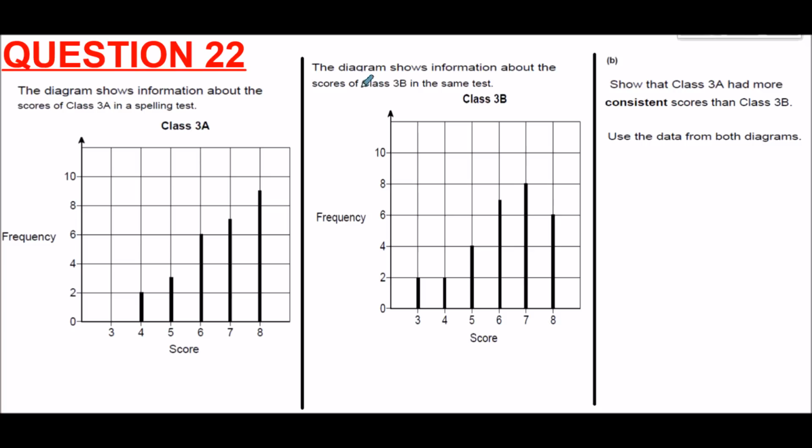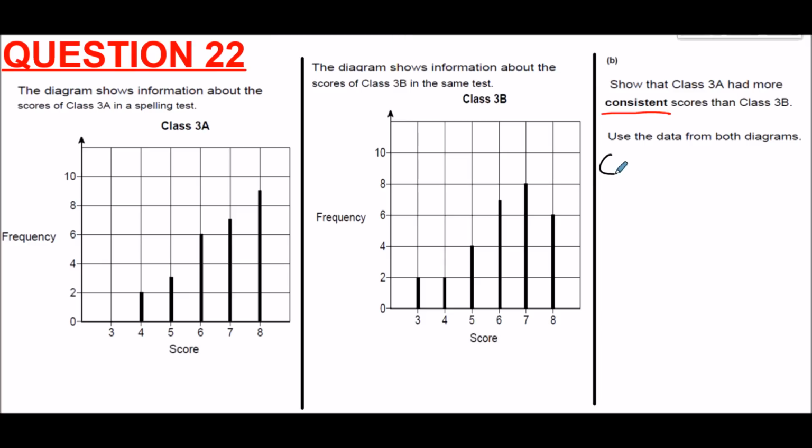Now part B shows us a chart for class 3B. So it's information about the scores of class 3B in the same spelling test. It says show that class 3A had more consistent scores than class 3B. Now consistent implies we need to work out the range.